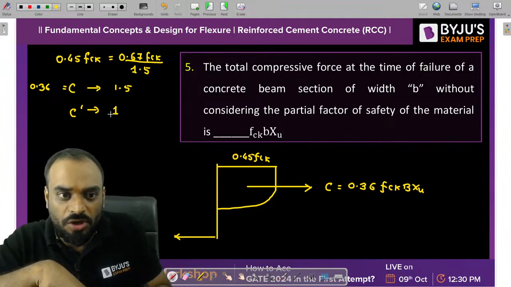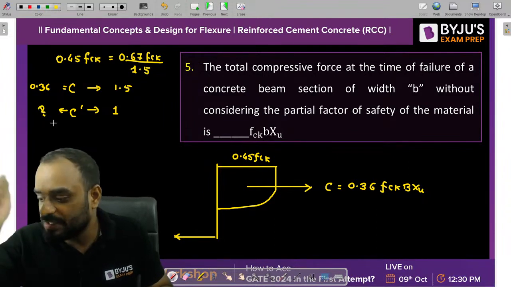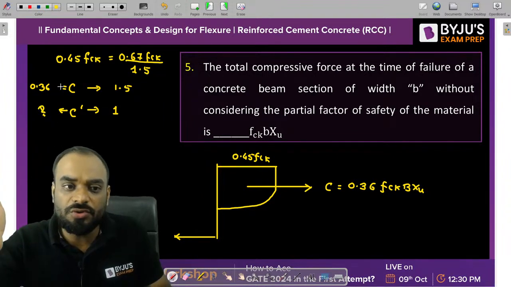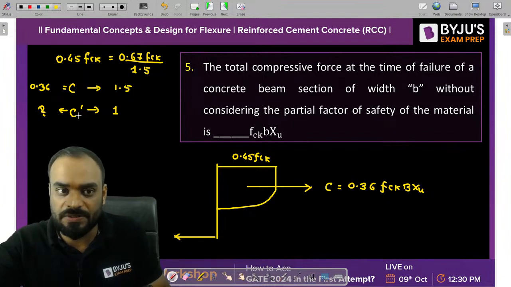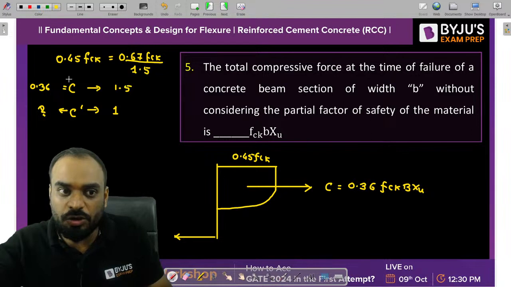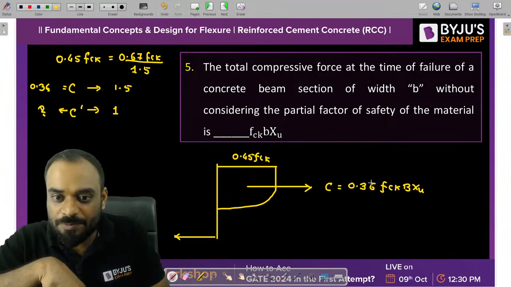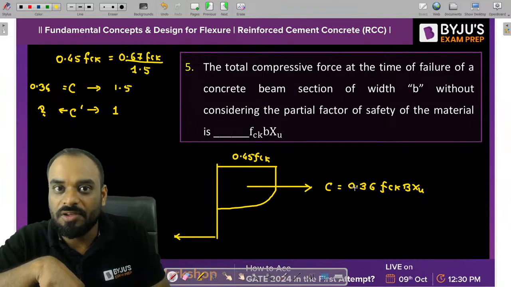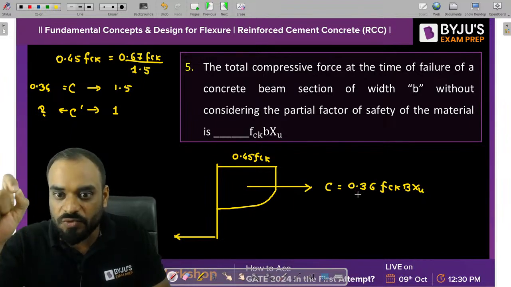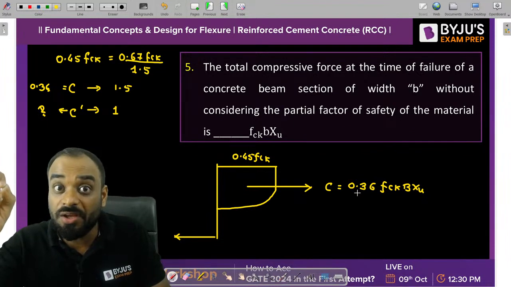So what should be the value of C dash? That is my question. What you have to do is just cross multiply it, and you will get your answer. In this calculation, we have divided by 1.5, so I need to multiply it by 1.5.